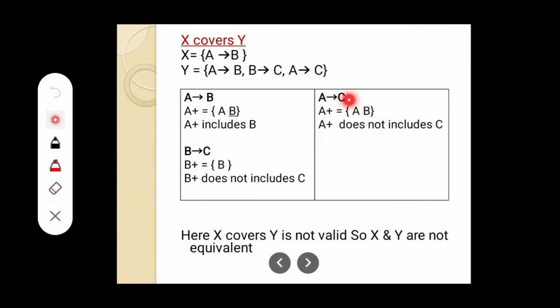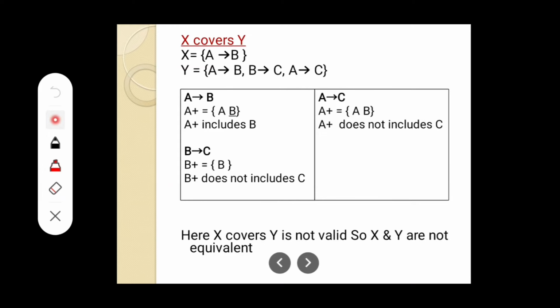No. A closure does not contain the attribute C. Since these two functional dependencies do not include the RHS, we can say that X is not covering Y, or X covers Y is not valid. So X and Y are not equivalent. By looking at this condition itself, you can stop here. You don't have to compute Y covers X. That is a waste of time. So we can stop here and conclude that X and Y are not equivalent.